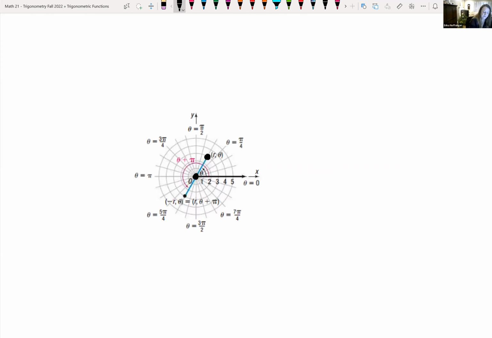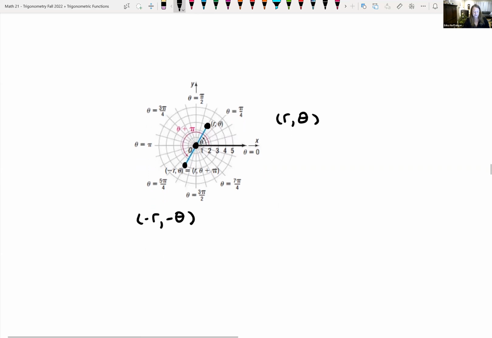So if we have some point here, which is our theta, the symmetrical point across the pole is negative theta. And so to test for symmetry there, wherever we see an r, we're going to plug in negative r, and wherever we see a theta, we're going to plug in negative theta. If it remains unchanged, then it's symmetrical across that pole.